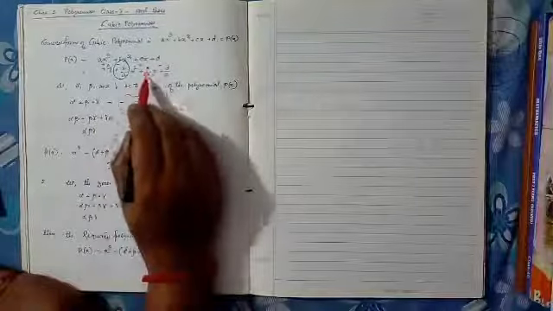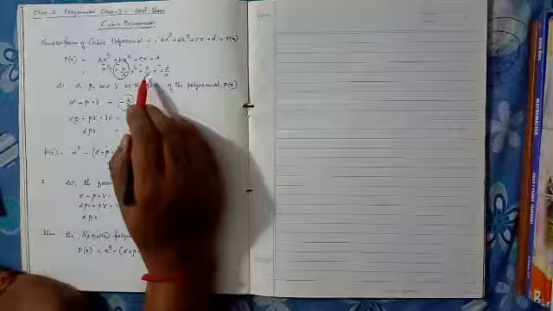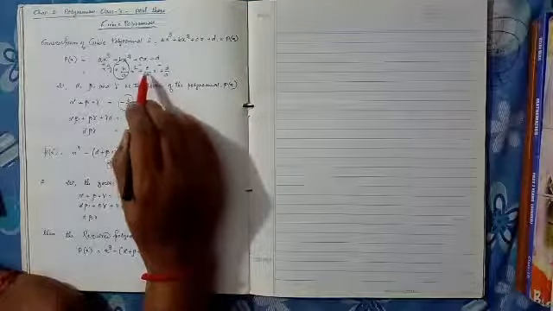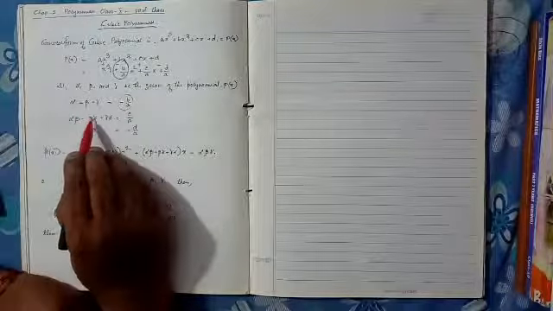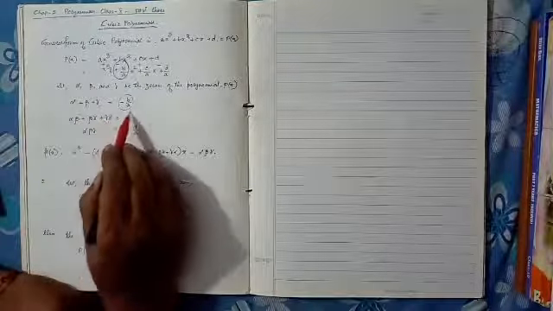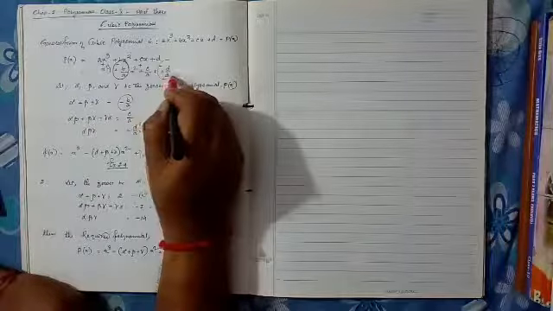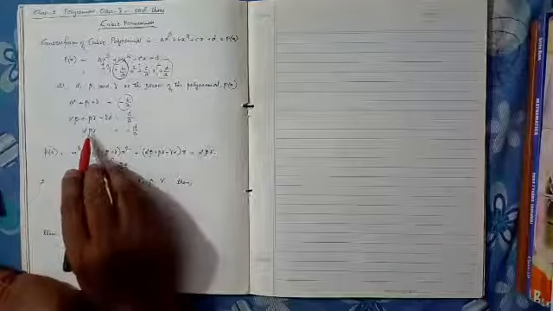Then c by a is called the sum of the product of the zeros taking two at a time. That is, alpha beta plus beta gamma plus gamma alpha is equal to c by a. And minus of d by a is called the product of the zeros, that is, alpha beta gamma is equal to minus of d by a.